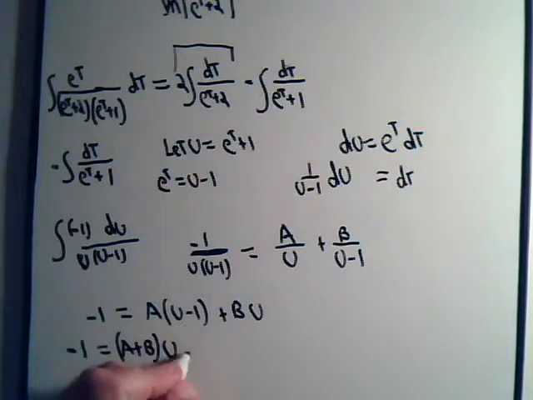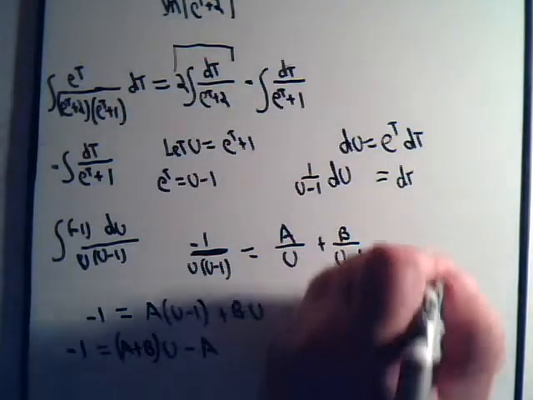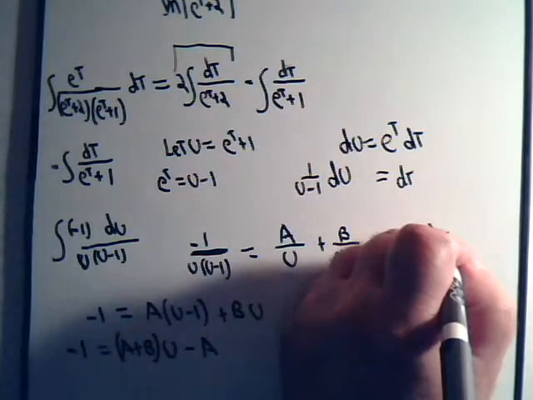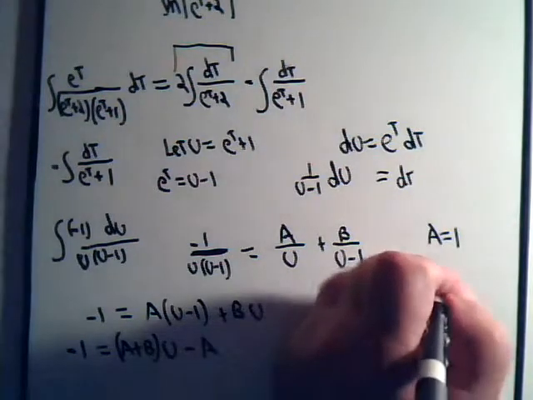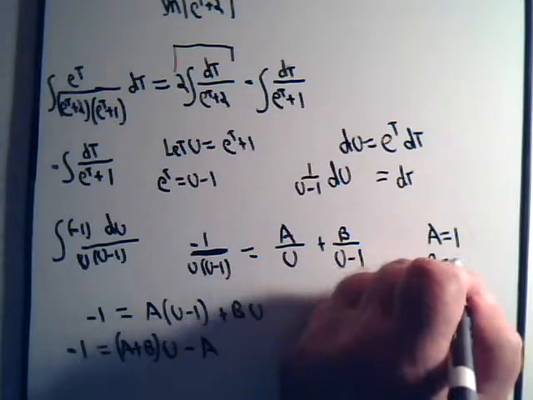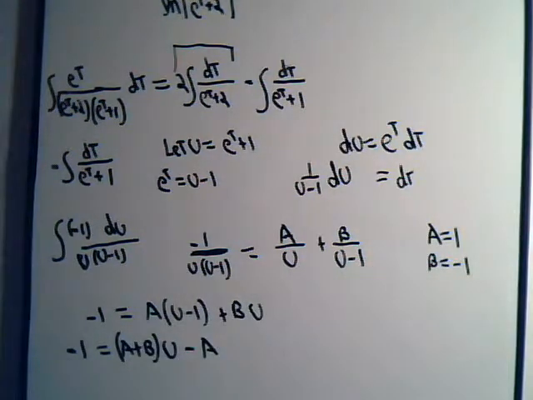And it looks like we're going to have minus a. So from here we have minus a equals minus 1. So a equals 1. And there is no u term over here, so this has to be 0. So if a is 1, b has to be minus 1.